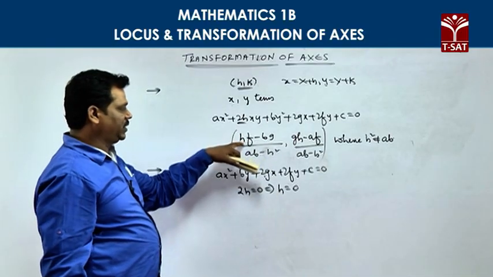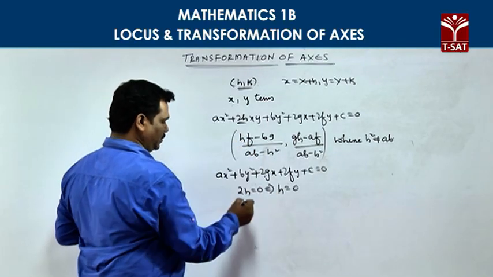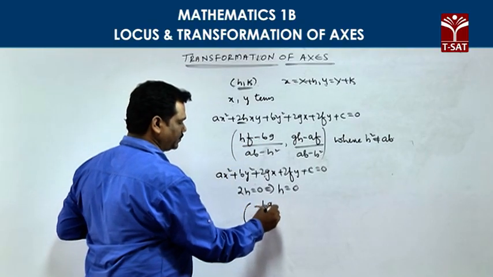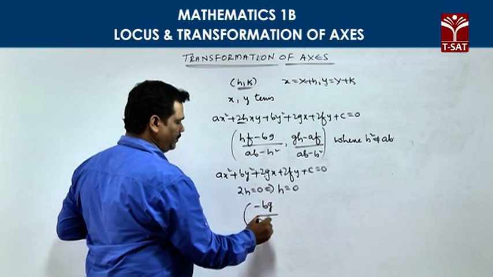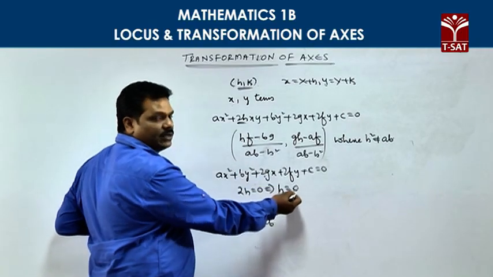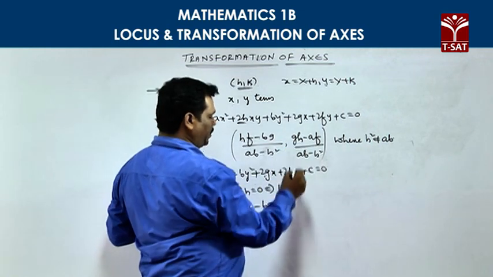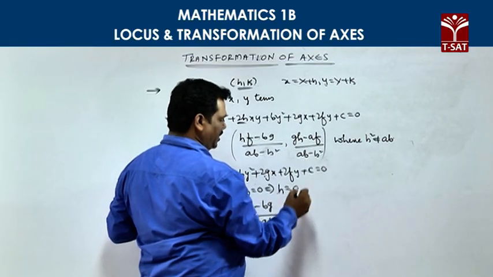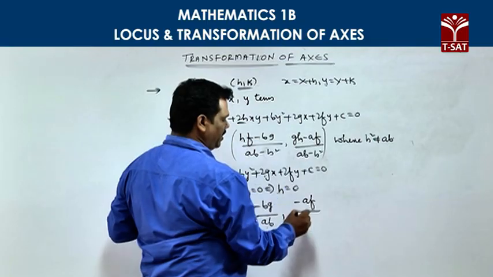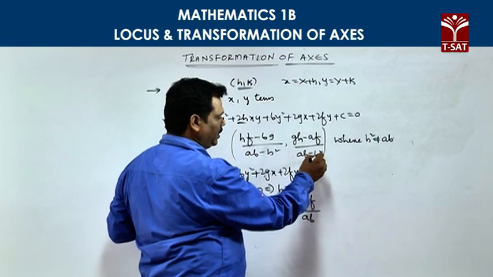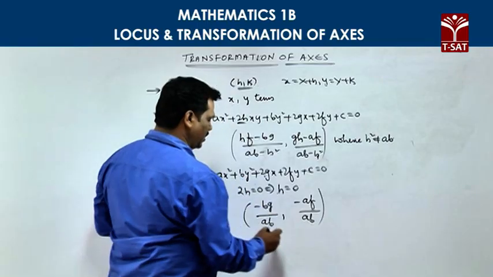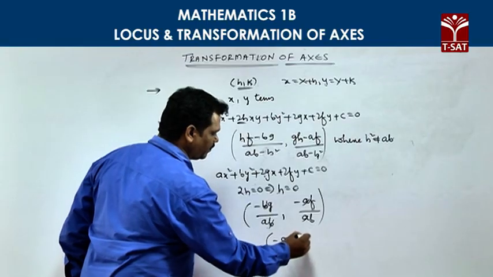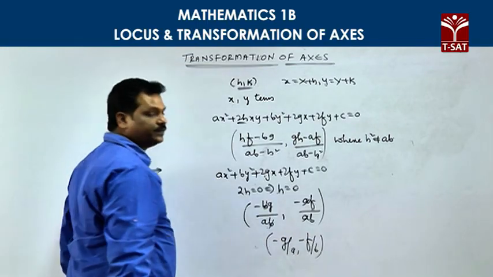Substituting h equal to 0 in this point: the numerator 0·f − bg over ab − h², with h equal to 0, gives ab. And g·h is 0, so af over ab; b cancels, a cancels. We get −g/a, −f/b.